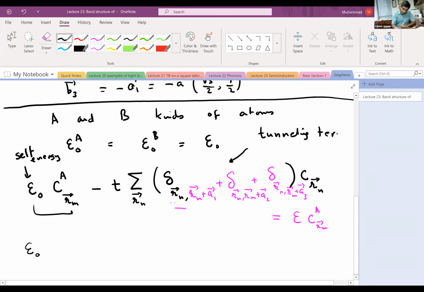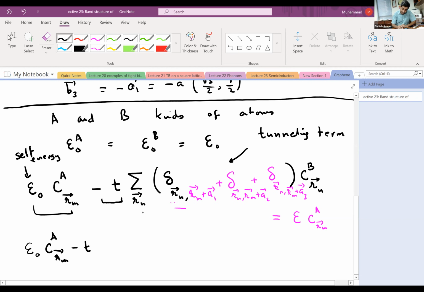And I assume that the amplitude of hopping is given by minus T. For this, you need to recall your understanding of the tight binding model. And you can always look up my previous lectures on this subject. So E naught C_Rm,A minus T. By the way, this is B because you're connecting A with B here.